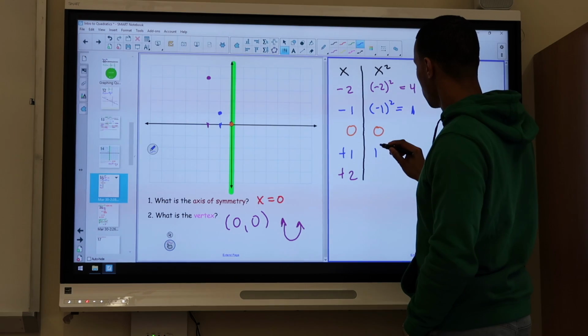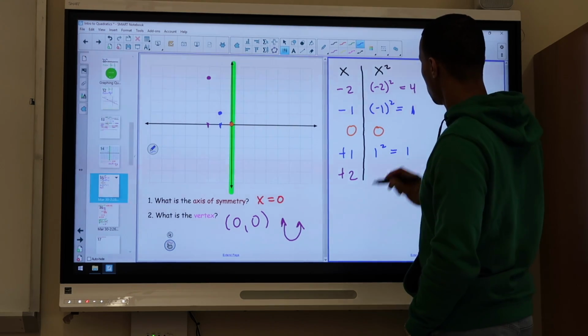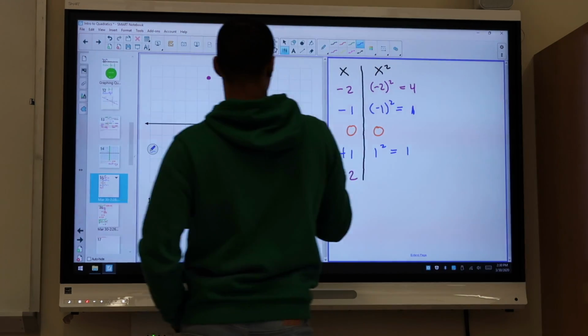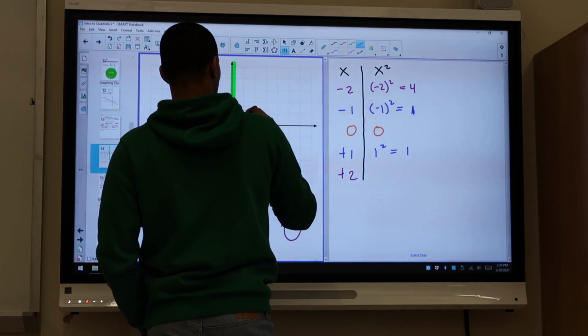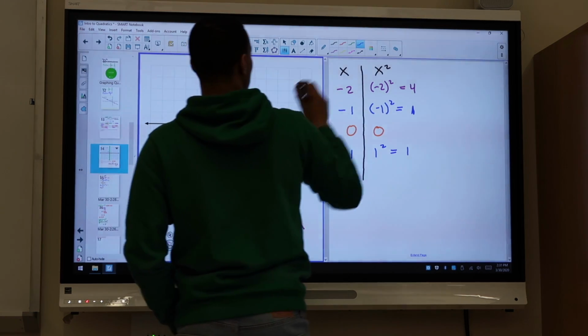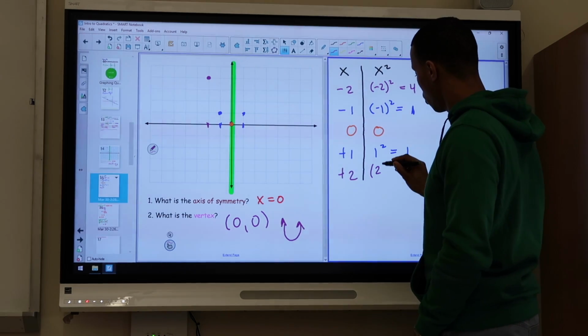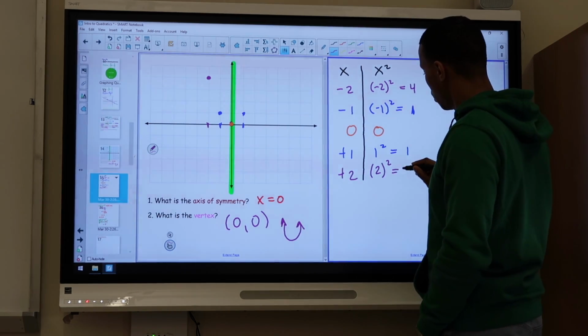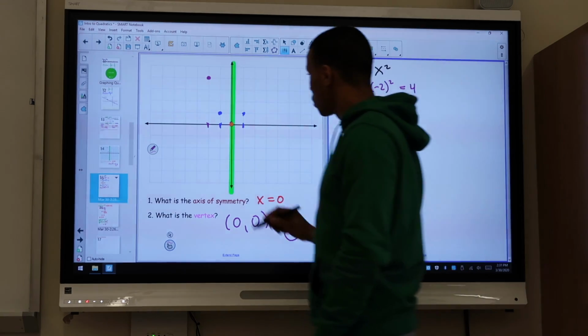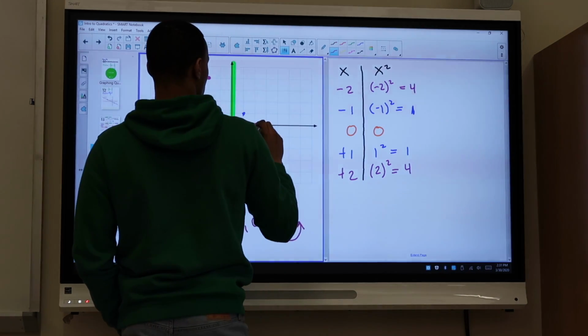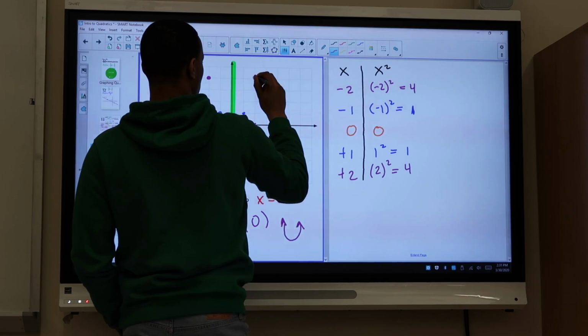So you have 1 squared equals 1. So then again, I'm going to graph that point, 1, 1. And then your second point, you have 2 squared, which is equal to 4. And then 2, 1, 2, 3, 4.